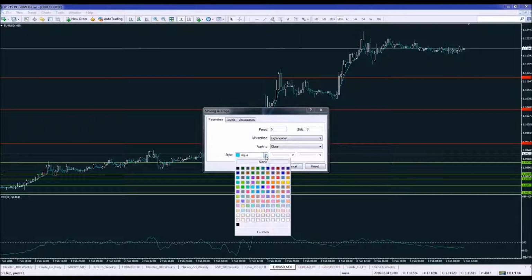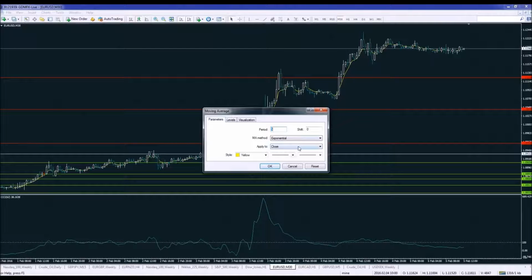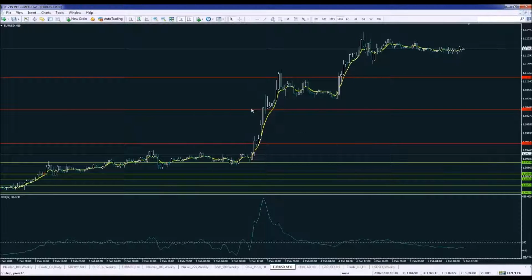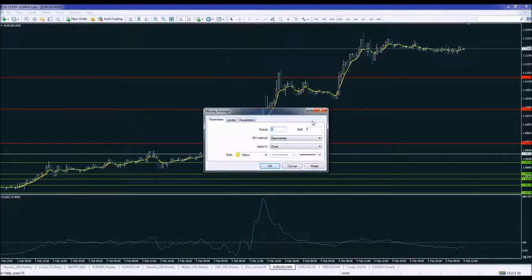However, this one I don't particularly enjoy. Let's take on the yellow color. It's a little bit better. Maybe we can also adjust the pixels a little bit here. Let's make it a little bit thicker so we can see it better. The second moving average today, we will take on a period of 13.